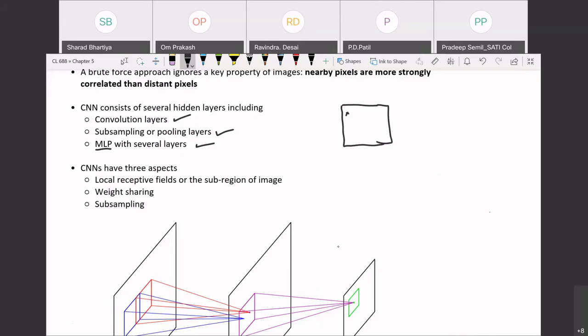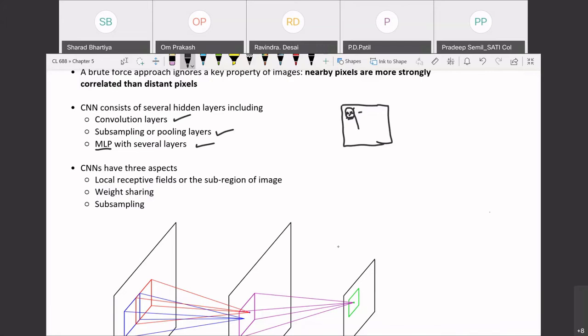If here there is a pixel of a certain intensity, then the next pixel is also of similar intensity. Of course, if there's a sharp edge in my image, then suddenly the intensity changes, so I need to be able to pick up sharp edges. But if they are similar, I don't need to keep all those pixels. There is a lot of correlation within those pixels.